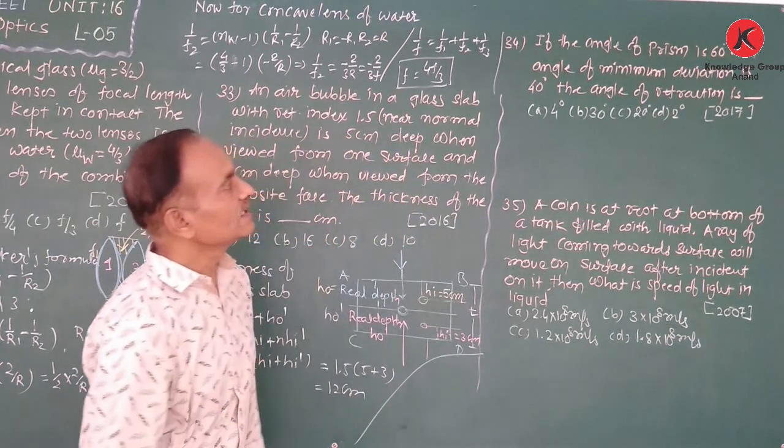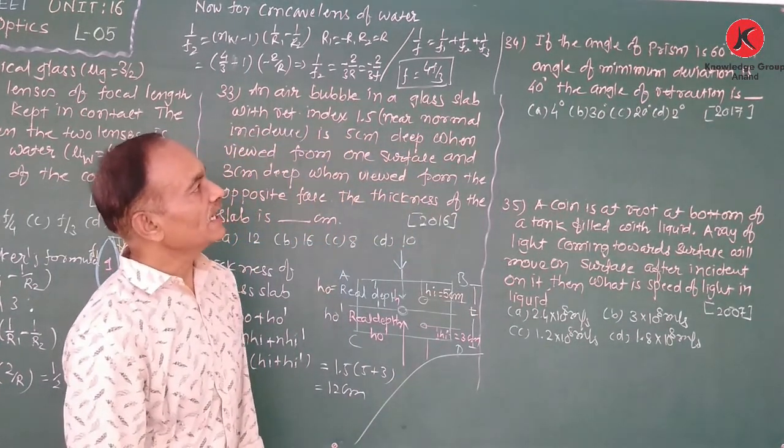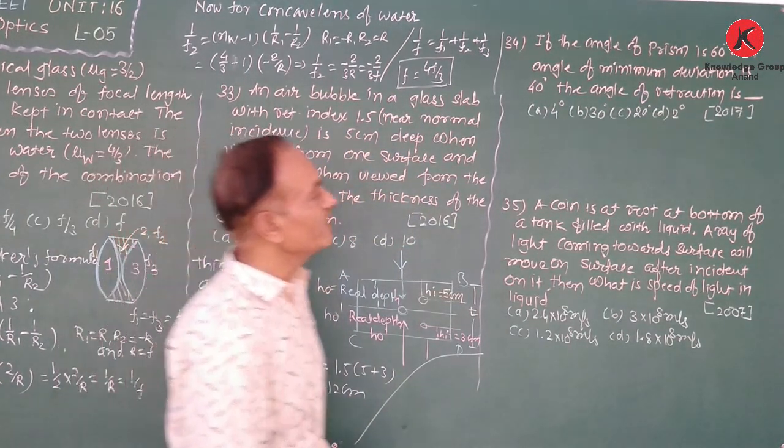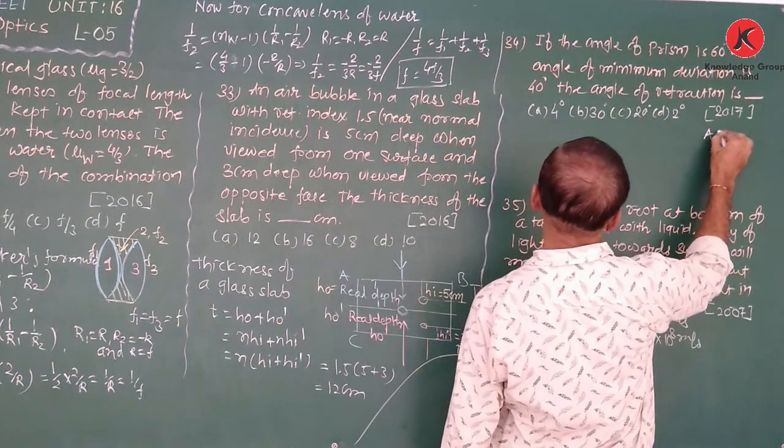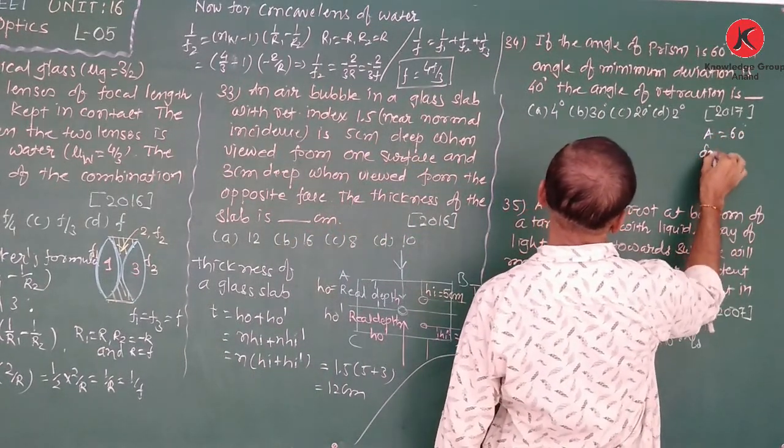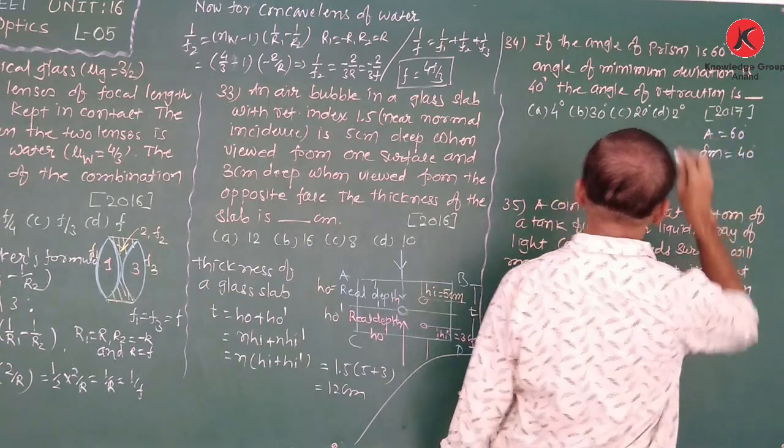Now listen, next. If the angle of prism is 60 and the angle of minimum deviation is 4, A is given 60, minimum deviation is equal to 4.